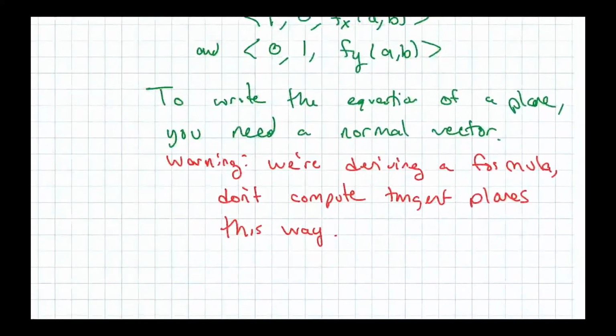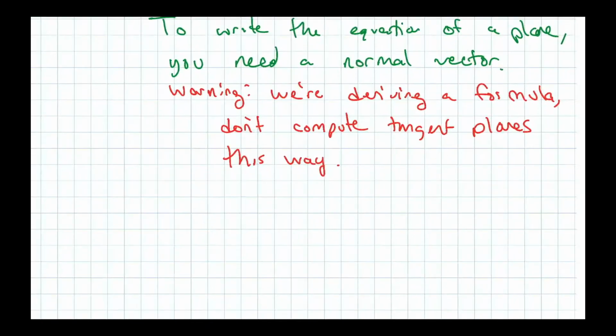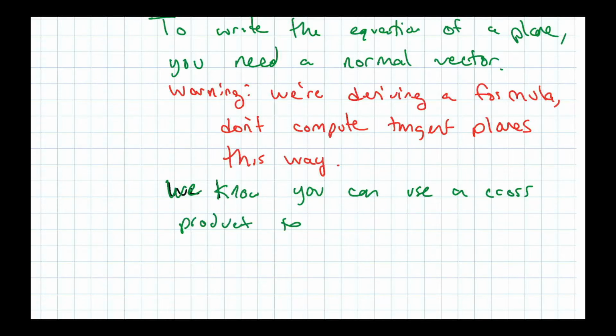The way you calculate a normal vector usually is if you have two vectors in the plane, you can do a cross product to find an orthogonal vector. You can use a cross product to compute the normal vector.